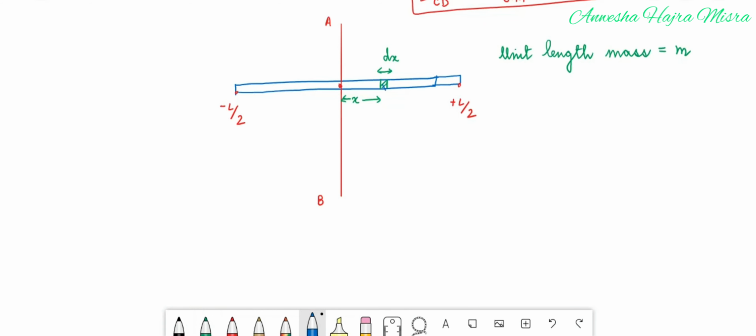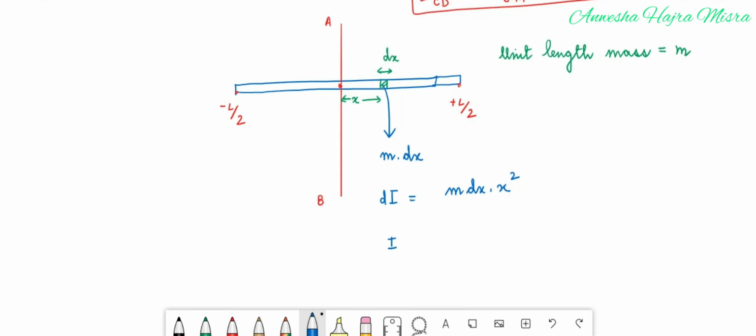So mass of this dx will be m into dx. Moment of inertia dI of the small mass will be mass into distance square.